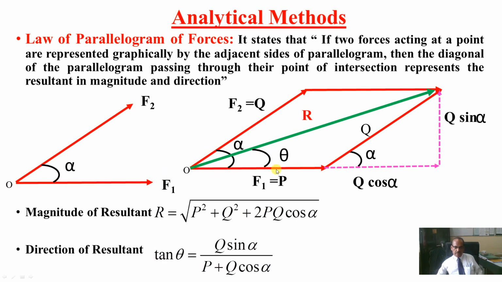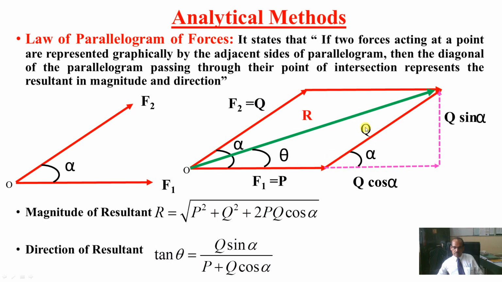If they are represented by the sides of a parallelogram, this is one side and this is the other side, and if you form a parallelogram, then the diagonal of the parallelogram gives the resultant of these two forces both in magnitude and direction. Very simple. Now F1 I will take as a force P, and F2 as a force Q. I will form a parallelogram like this.